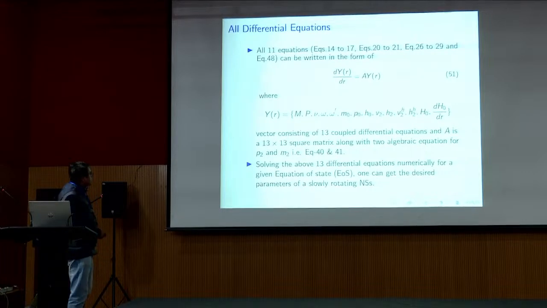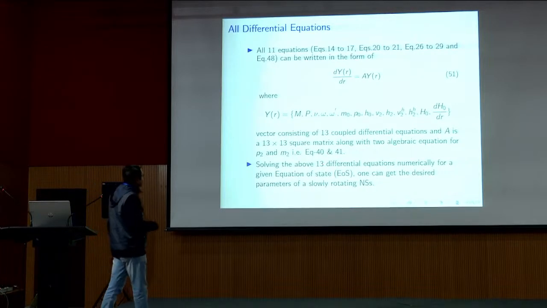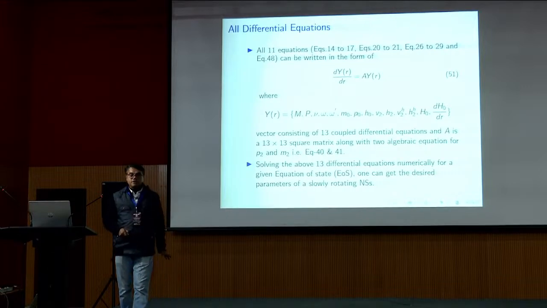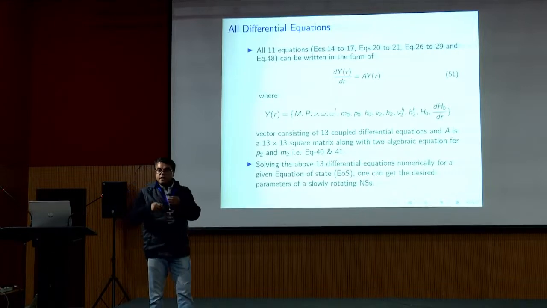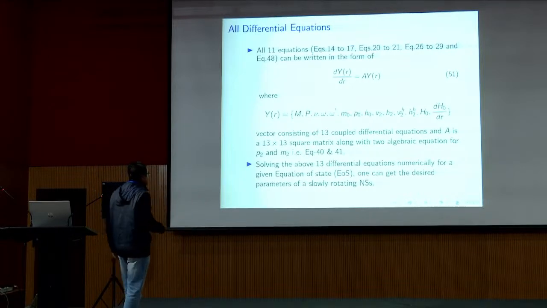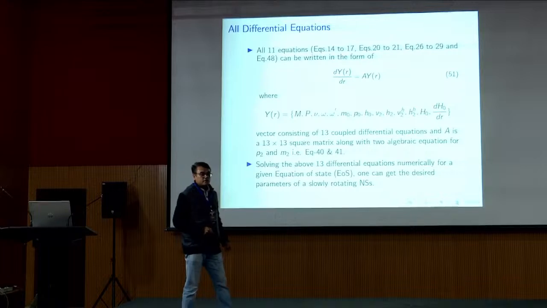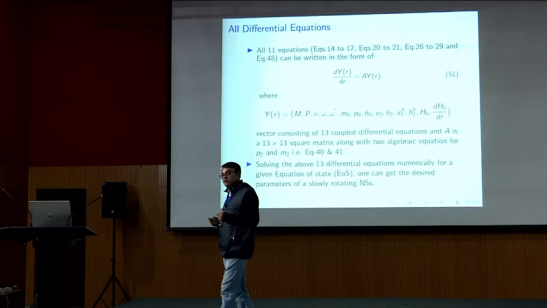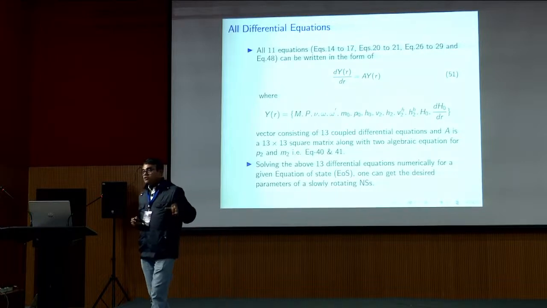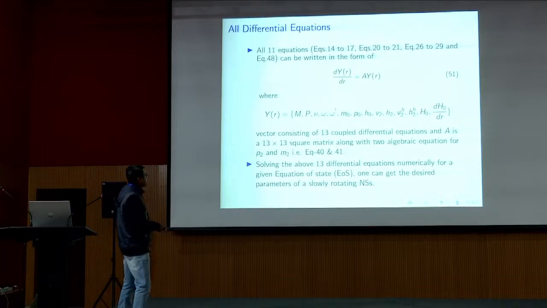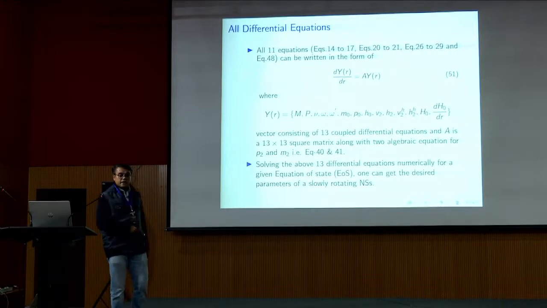Now the important point is that these differential equations have been solved numerically, and in this case the equation of state of the star plays a very important role, because the equation of state has been taken as the input to solve these equations. Of course it is numerical.